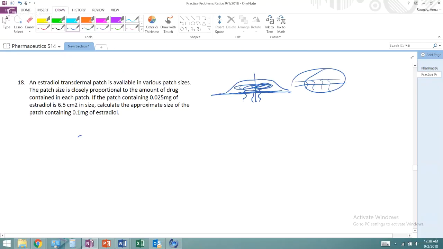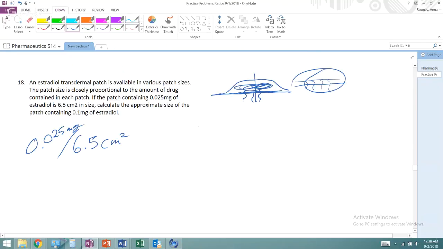So we have a patch that's 6.5 centimeters squared in size, and it contains 0.025 milligrams. And so we want to calculate the approximate size of one that contains 0.1 milligram of estradiol.